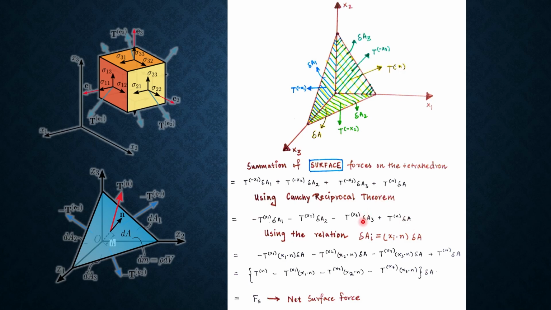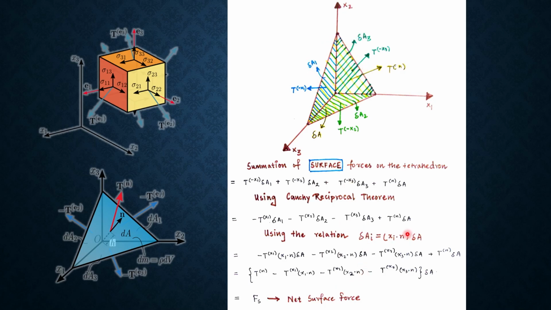Now another relation that we can use is delta Ai is equal to xi dot n delta A, which means that the projection of this face, the slanted face which has an area delta A, on this x2 x3 plane is equal to delta A1. So the projection of this face on a plane that is perpendicular to x1 is delta A1, and similarly for others.